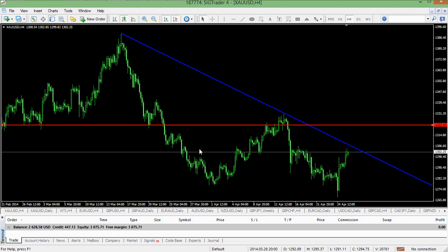But if it closes above it and did not form a reversal candle, giving a long candle which now closes above it, brother, you now know that the support has been broken.